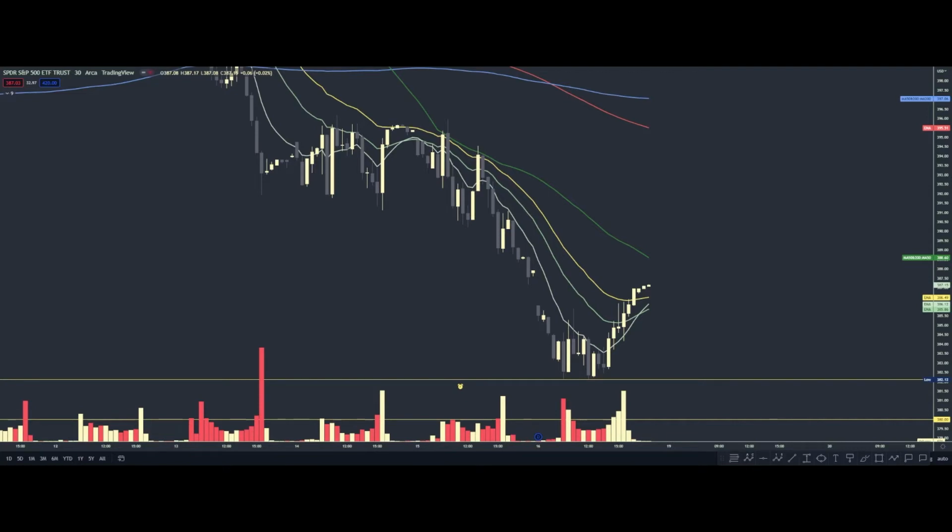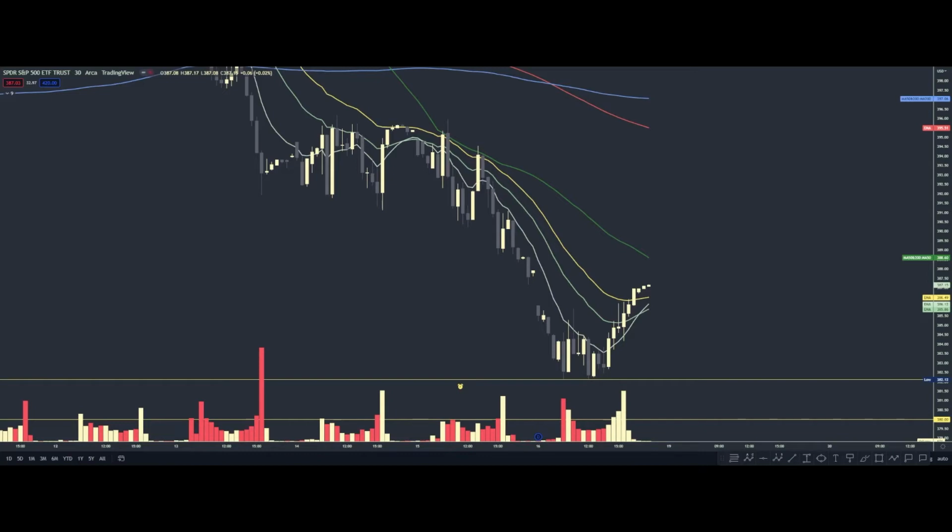I get the question all the time. People will argue that supply and demand is useless because it's the same thing as support and resistance. While that is true, I totally don't agree with the sentiment that supply and demand is useless. I think it's way more important than just support and resistance lines.